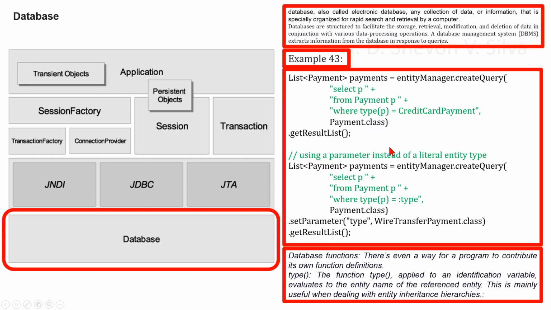Now we are considering database functions. There is even a way for a program to contribute its own function definition. Here the function type applied to an identification variable evaluates to the entity name of the referenced entity. This is mainly useful when dealing with entity inheritance hierarchies.